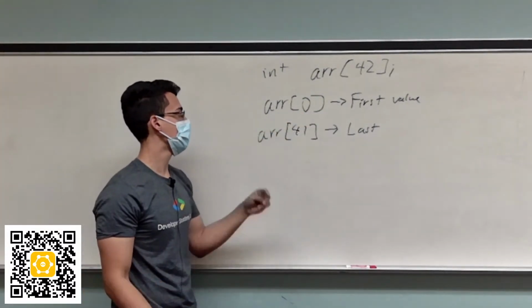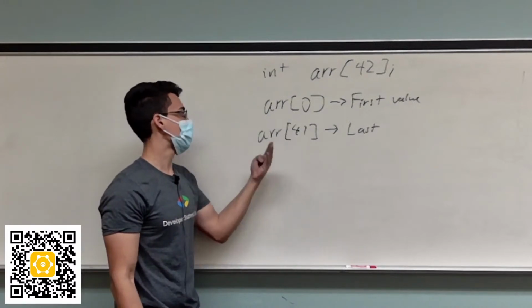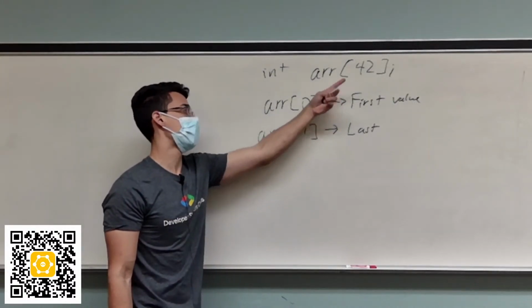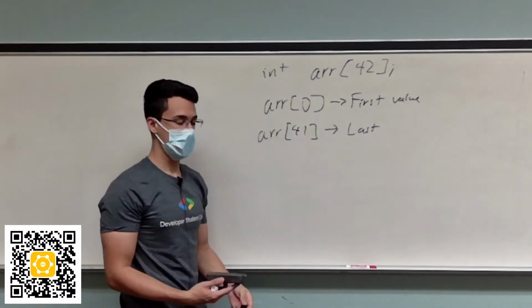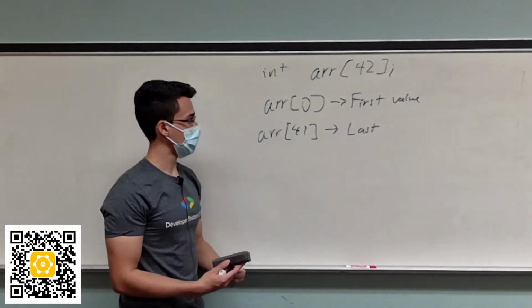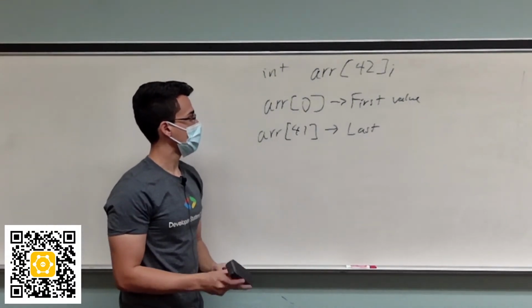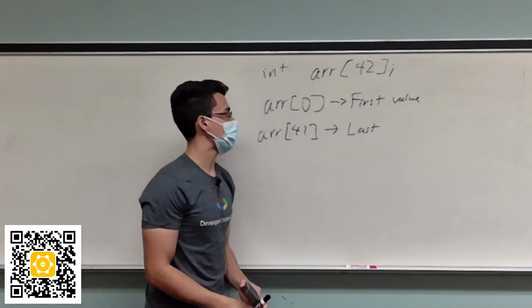It's zero-indexed, so it starts from 0 and ends at the size minus 1. Okay? And yeah, those are the basic things about arrays.